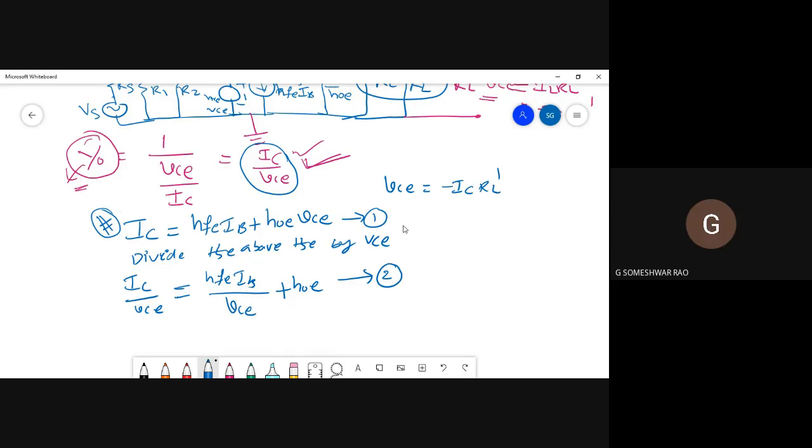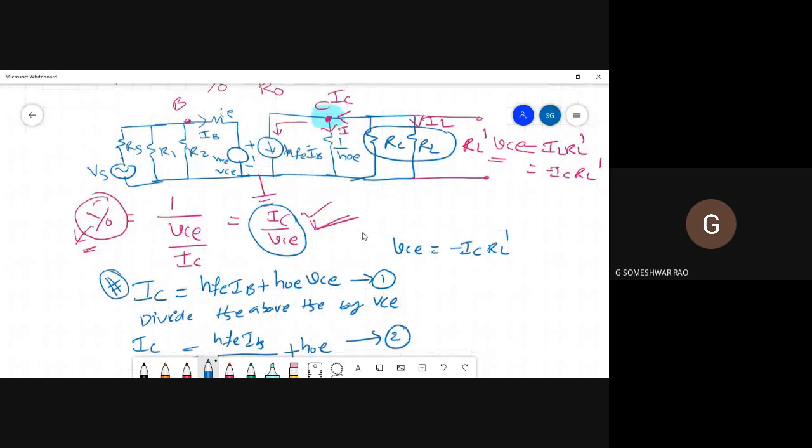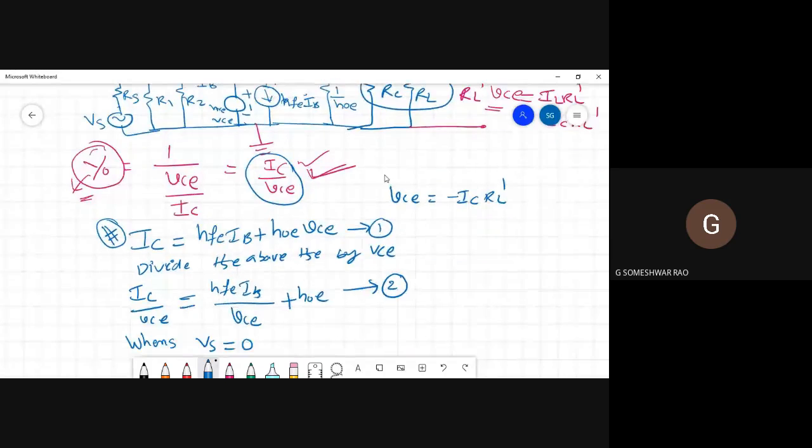Now let us consider an assumption: when Vs is equal to 0, that means we are making the voltage source equal to 0. What does it mean? It means that this voltage source is absent. That means when the voltage is 0, this is a short circuit. So if it is a short circuit, then Vs is equal to 0.